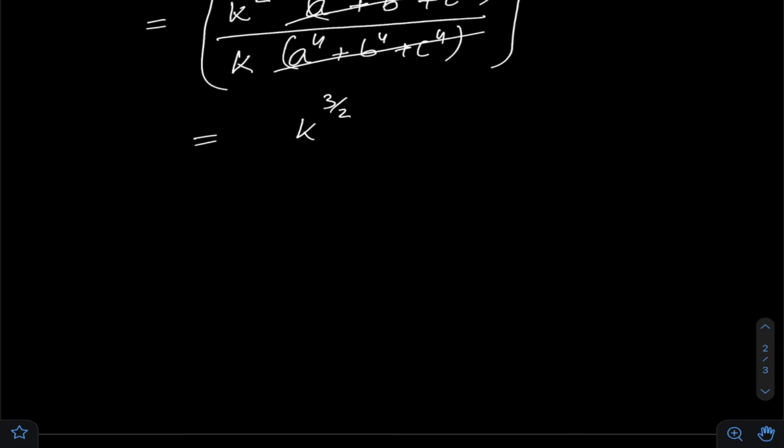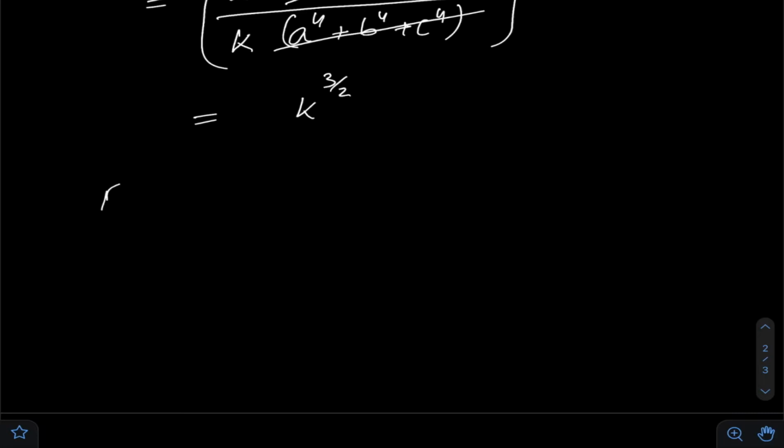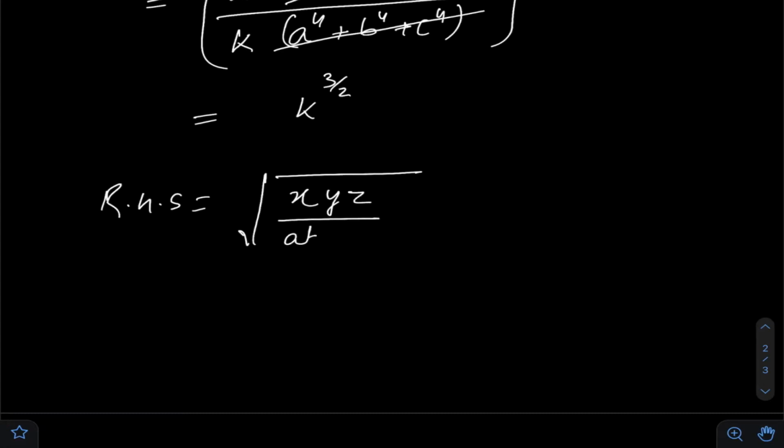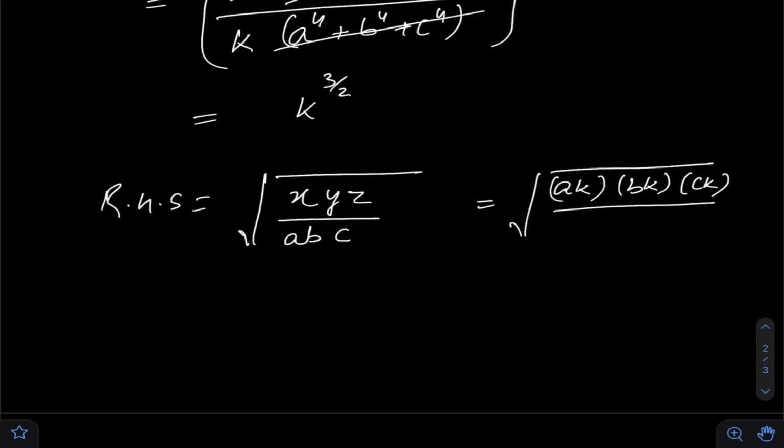Now come to the right hand side. Right hand side is root xyz over abc. Now put the values of x, y and z over here. x is ak, y is bk and z is ck over abc.